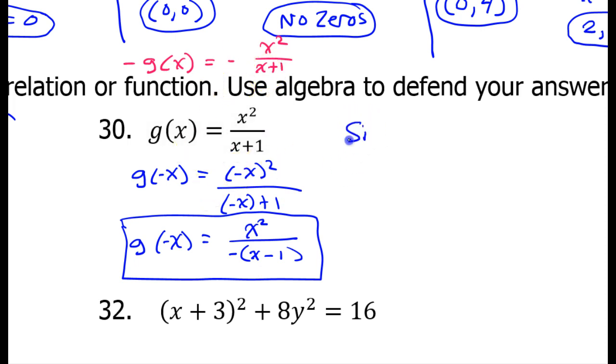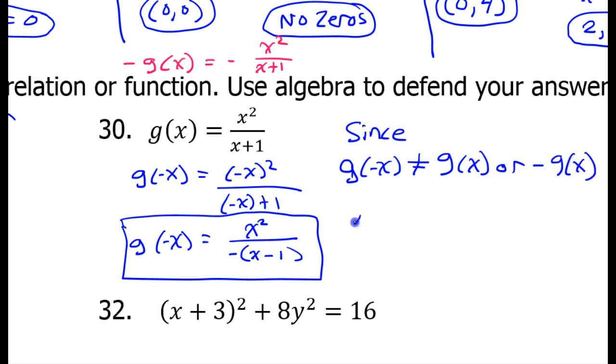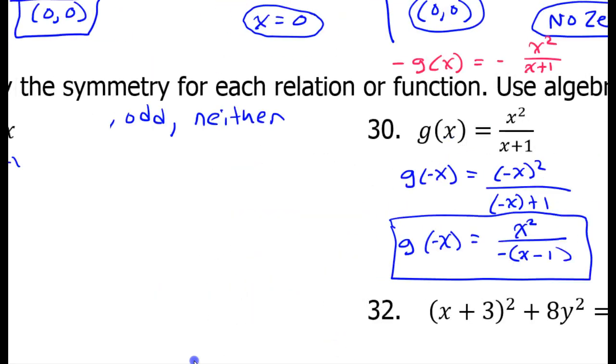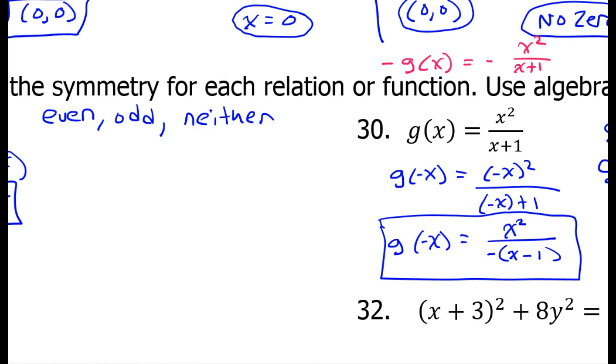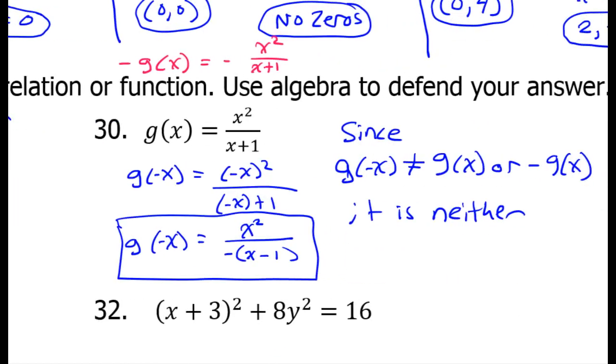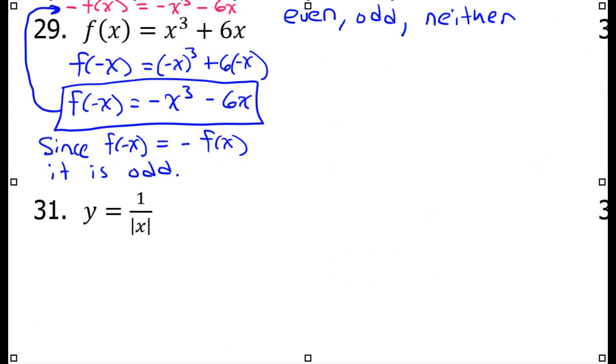So we're going to say since g of negative x does not equal g of x or negative g of x, it is neither. And you know the options are even, odd, or neither, so I'm just saying it's neither. All right, let's do a couple more.